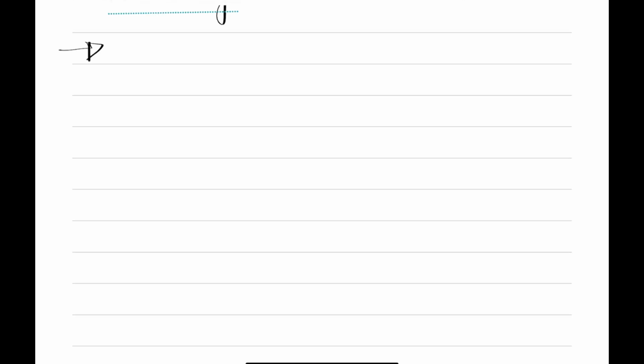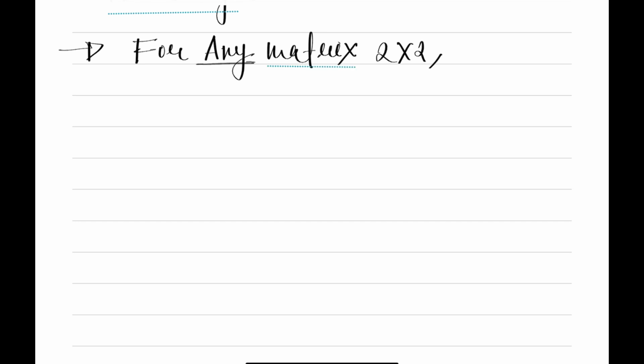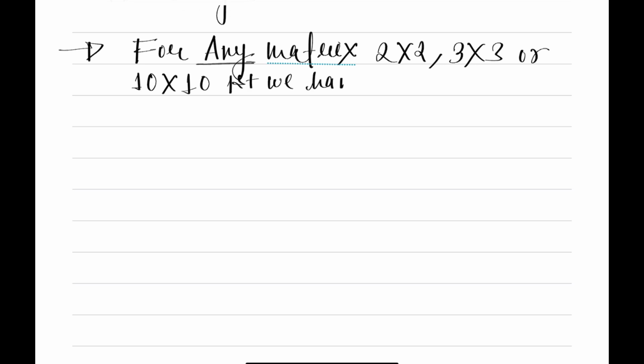Next property, for any matrix, maybe 2 cross 2, 3 cross 3 or 10 cross 10, first we have to check eigenvalues.